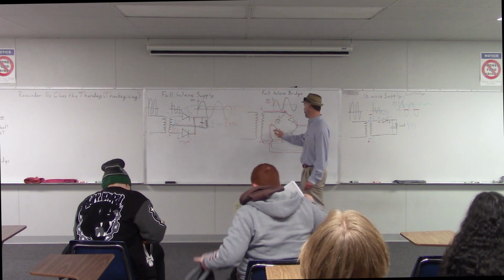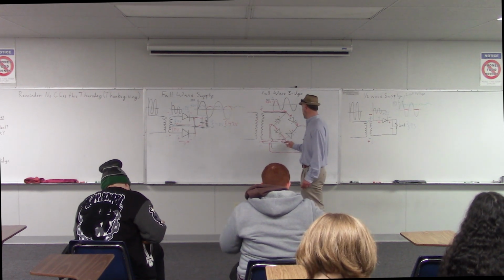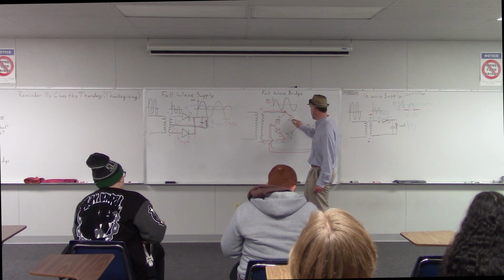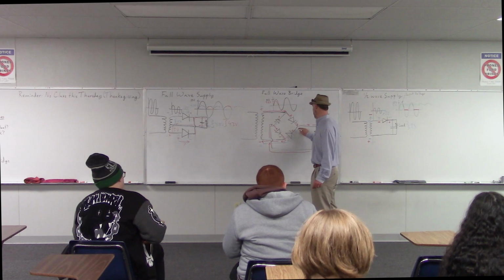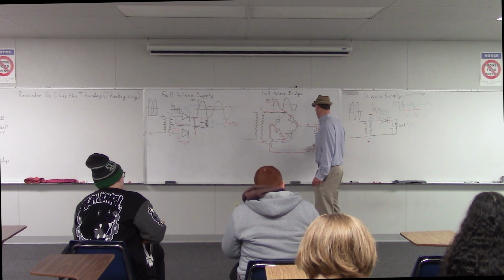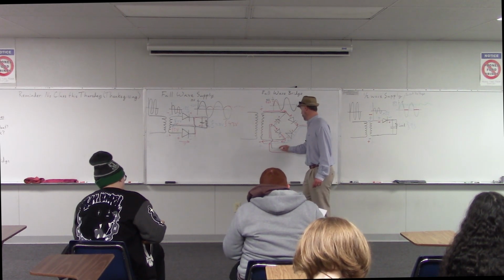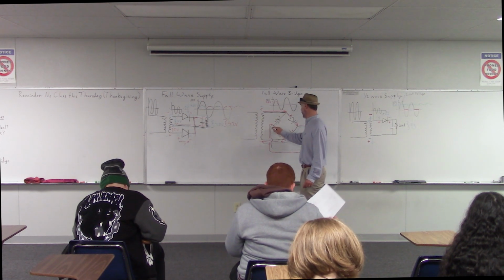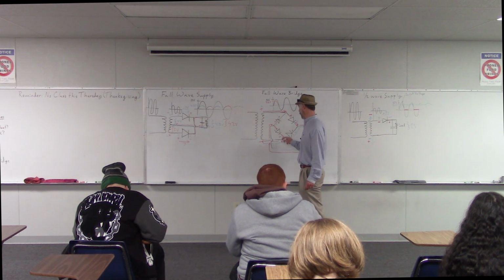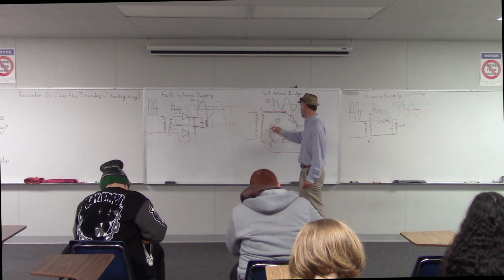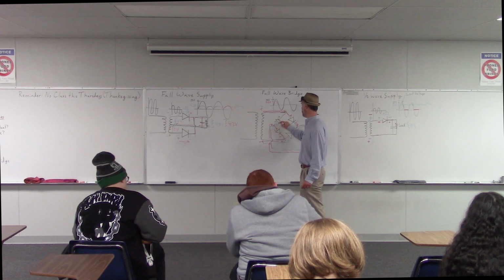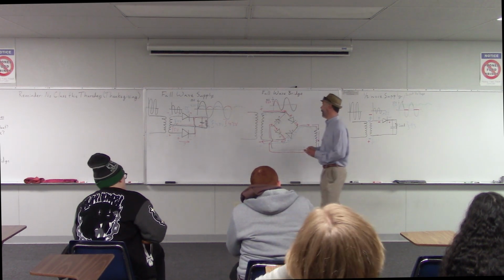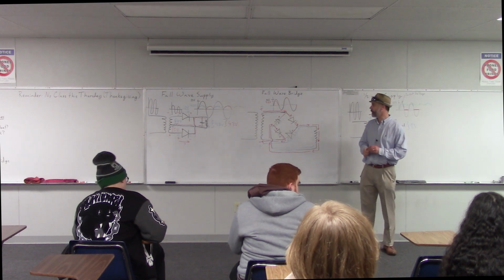It can't go to the left because that diode is reverse biased. So it all goes through here to the right. It can't go up because that diode is reverse biased. So it goes through our load, comes back around here. It can't go down. Again, that one's reverse biased. So it goes in this direction, and it ends up back here at the top of our transformer.